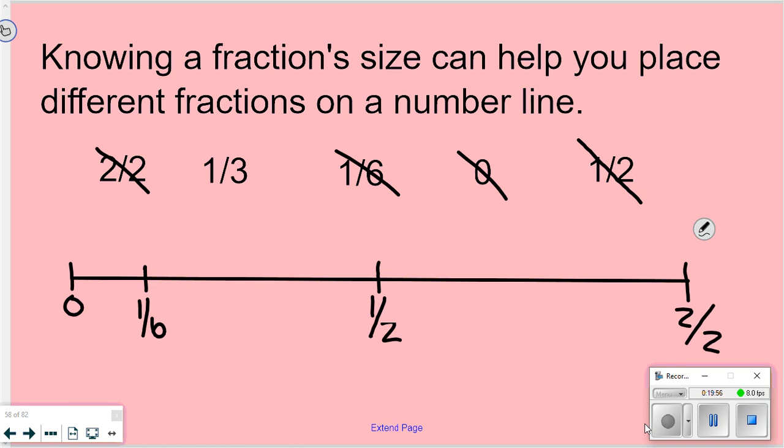Evelyn? I did 1/3 first, and I knew that 1/6 was something. Nice. So Evelyn says, if 1/6 is that size, then I know 1/3 is about 2 of those. So 1/3 should be about there. Done.